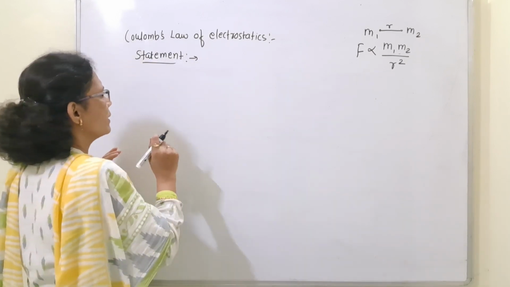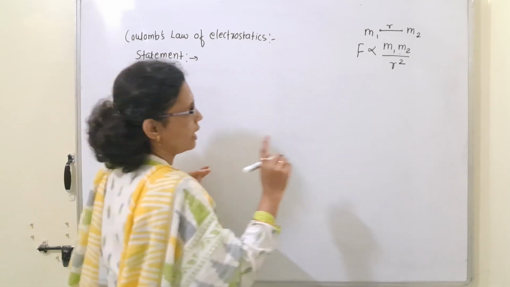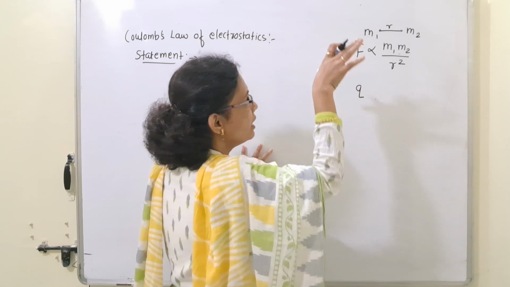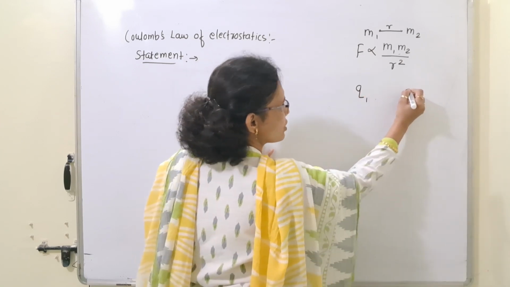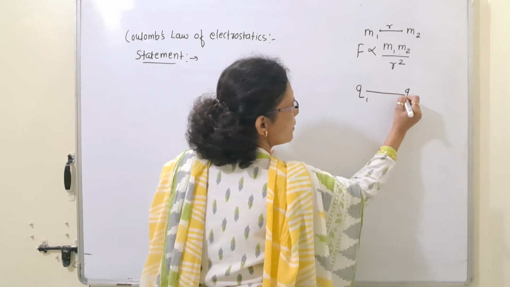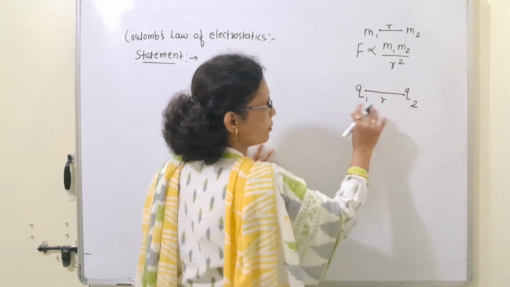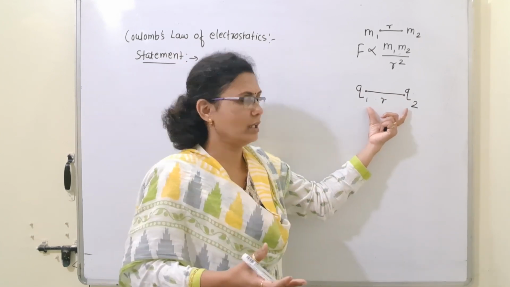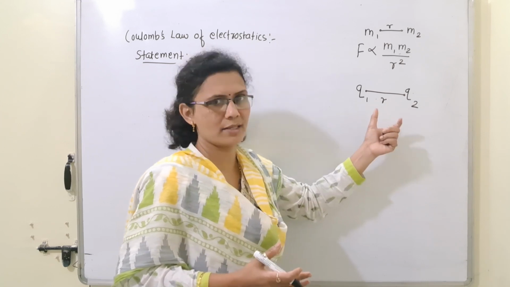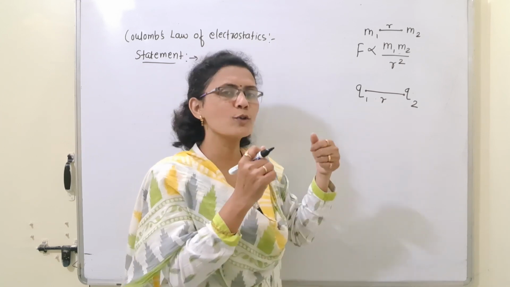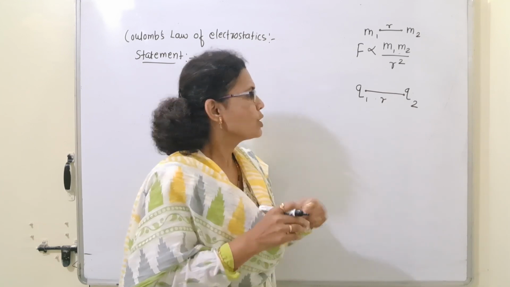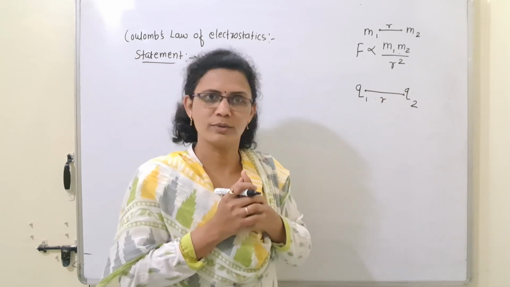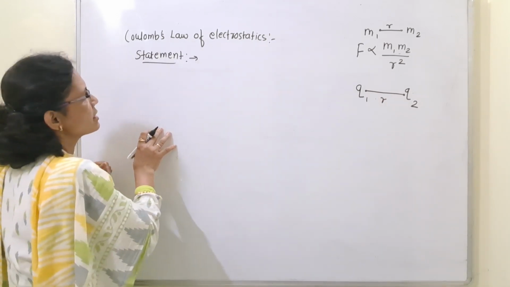If there are two charges, in place of masses as in the law of gravitation, separated by distance r from each other, and these two charges are plus plus or minus minus, there will be a force of repulsion between them. If one is positive and another is negative, that force will be attractive, correct?